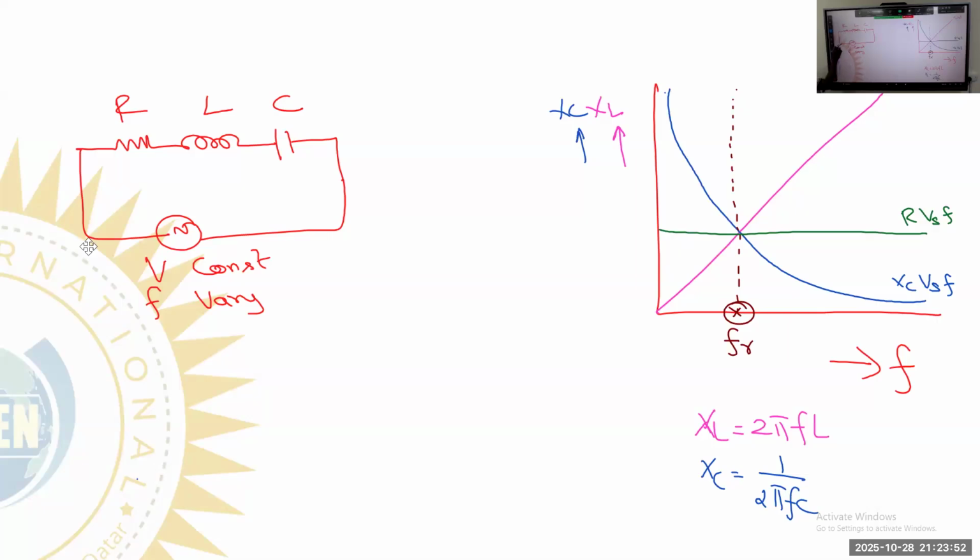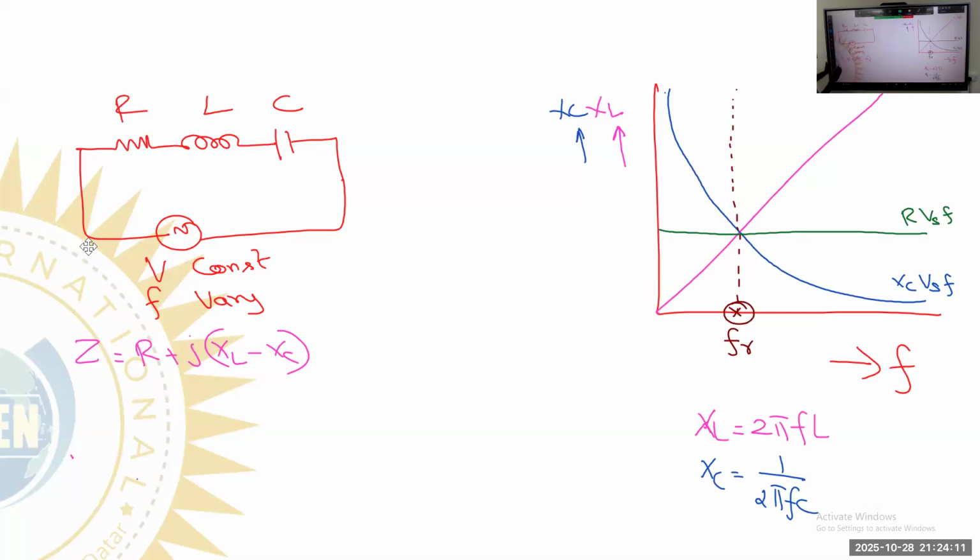So now we come to here. Z is equal to R plus j(XL minus XC). So this is the Z, correct? This is the formula for any frequency.